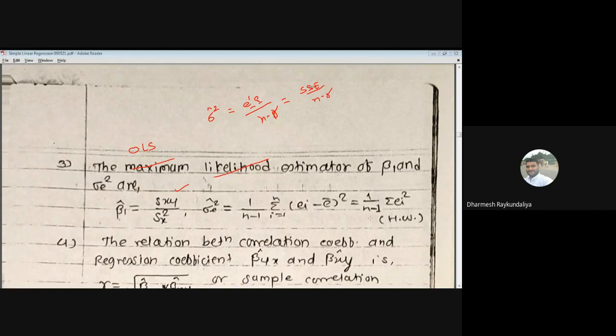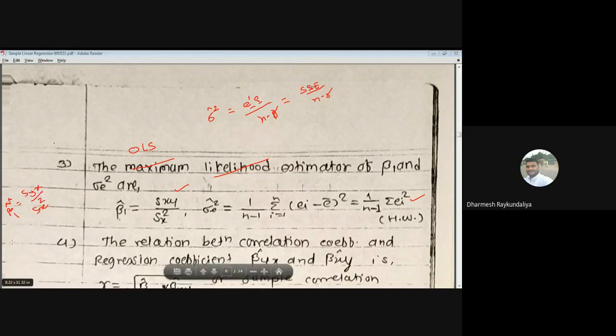Okay, so it is saying this, and you have to do it as homework. And further, if you find the ML estimate, say with a star, it is also the same.